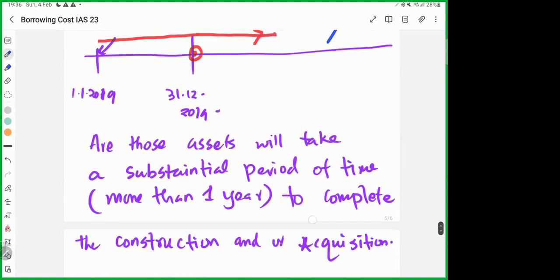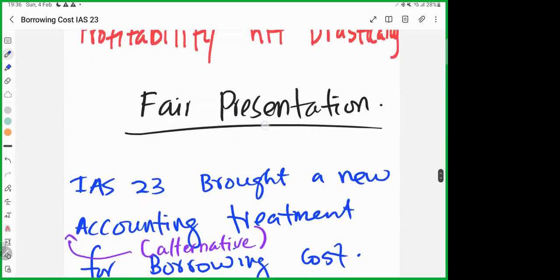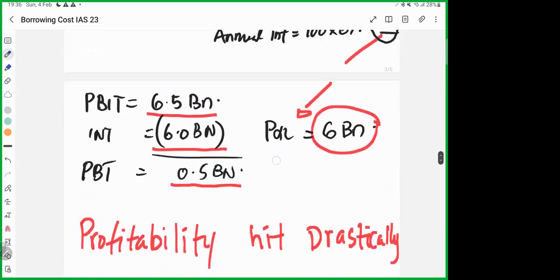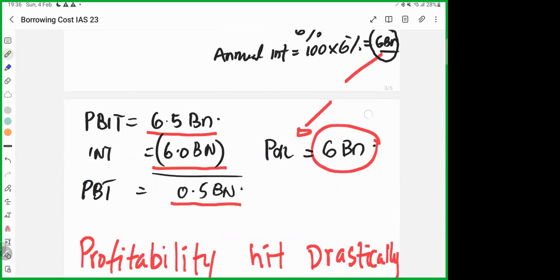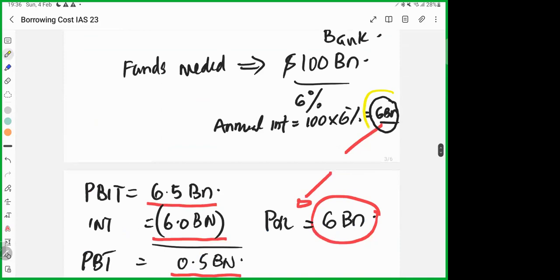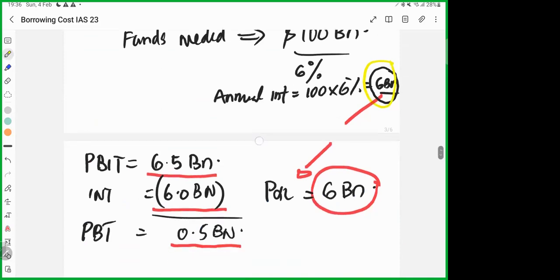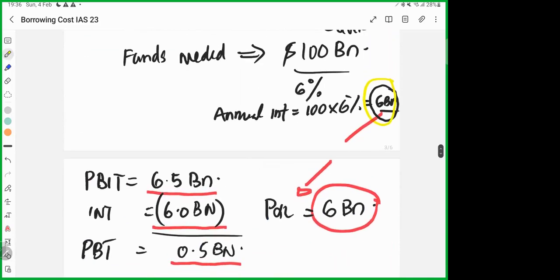Now, what is my borrowing cost here? Borrowing cost is 6 billion.